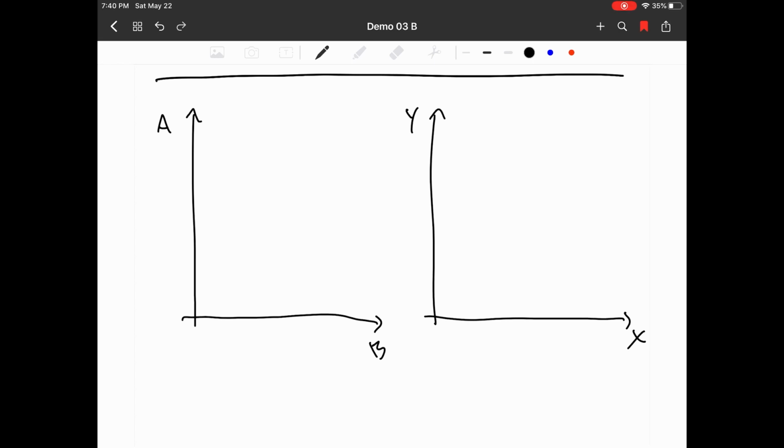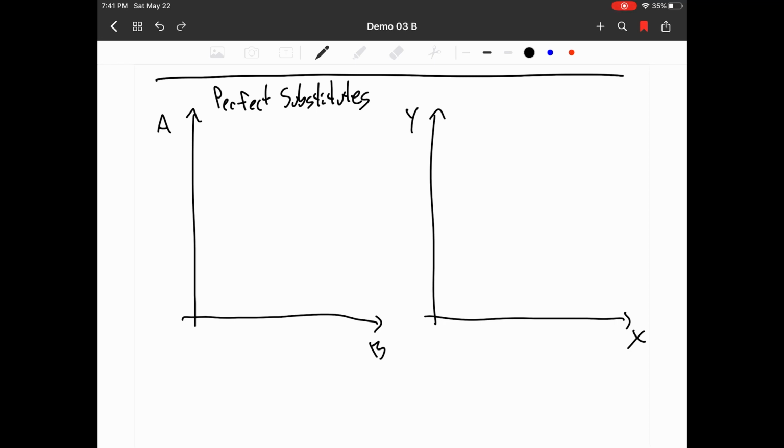Okay. So first we're just going to set up how we would think about perfect substitutes. So let's say A and B are perfect substitutes. What might the indifference curve for A and B look like?